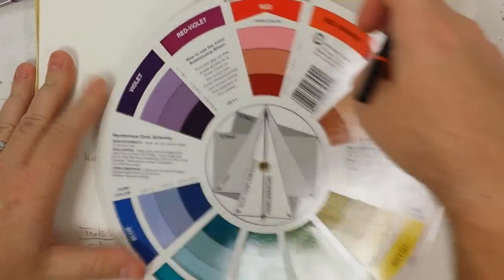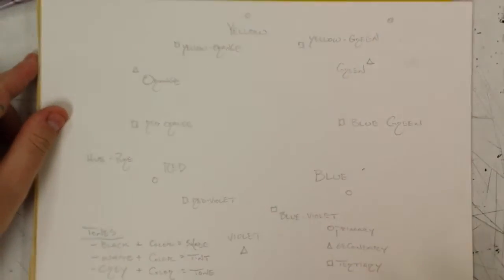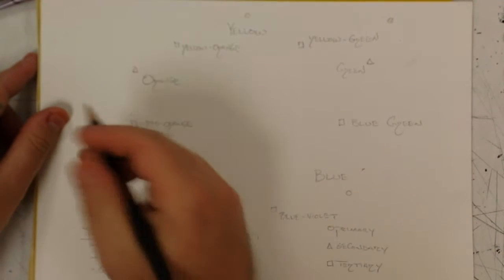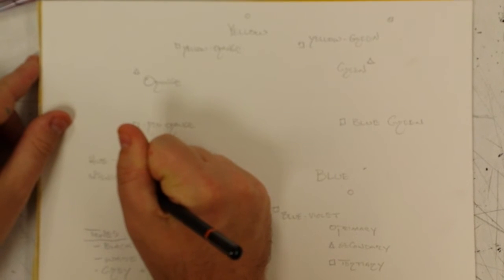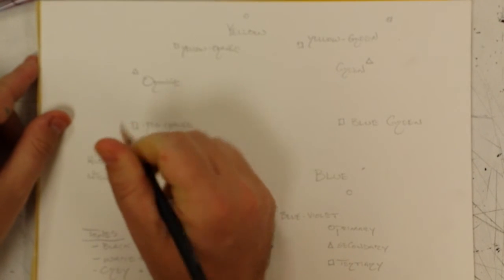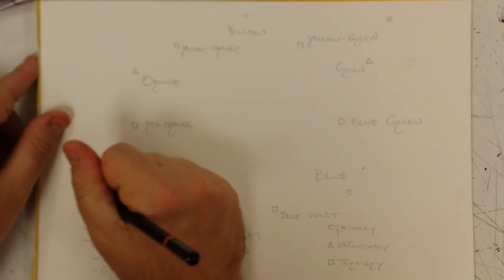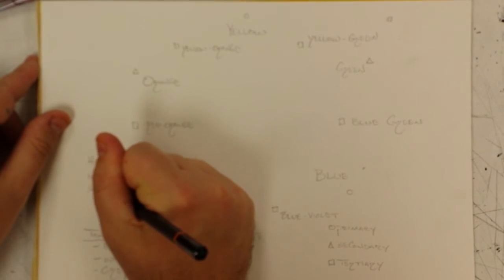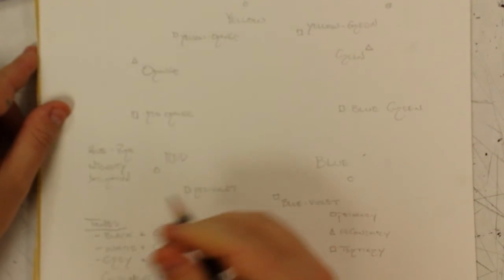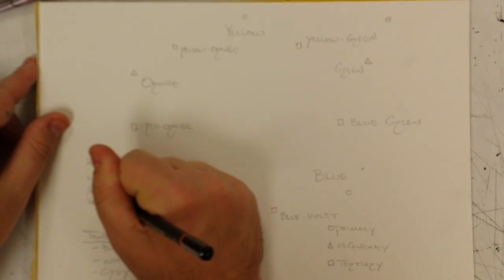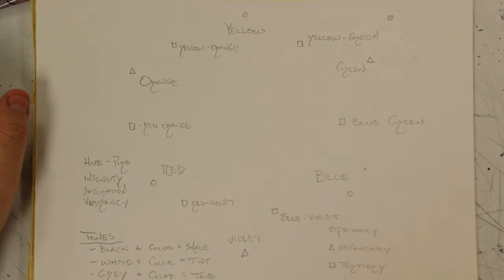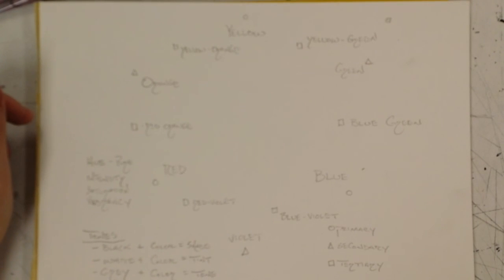But for today, the focus is solely on this: hue, intensity, saturation, vibrance or vibrancy, tones. Got it? You with me? All right. So now let's talk about your assignment.